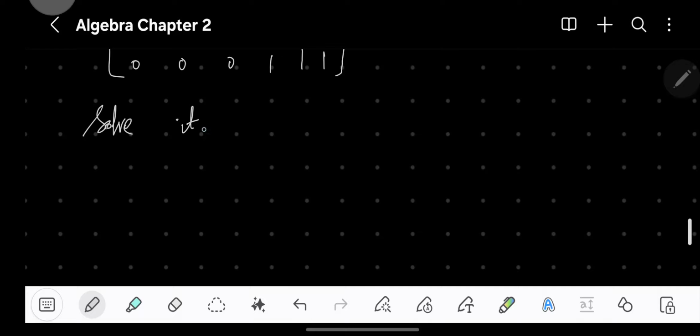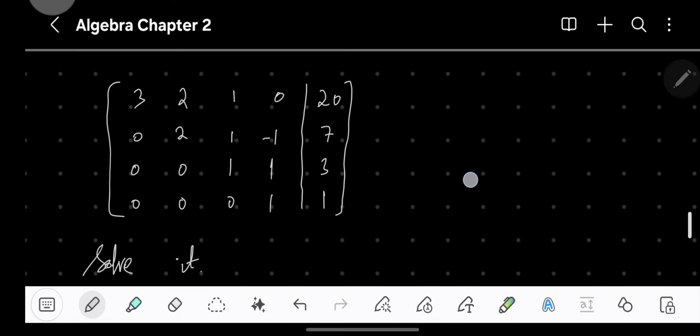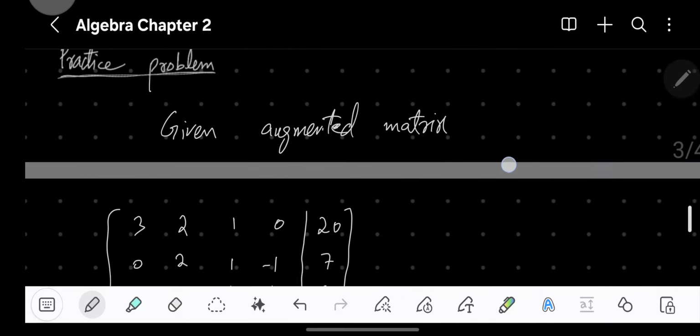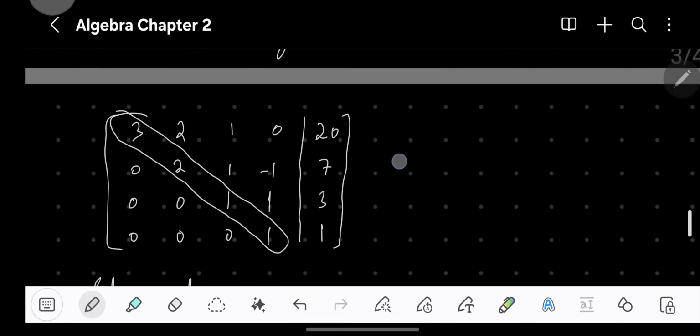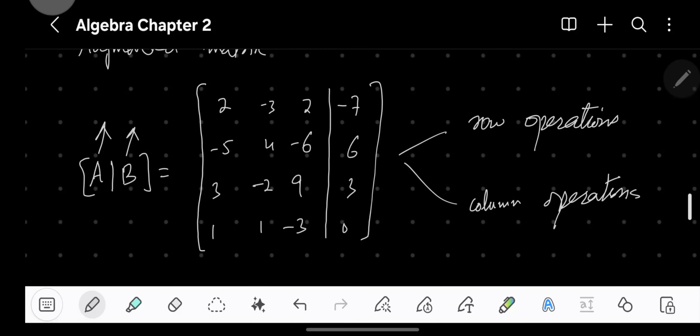Okay, so this augmented matrix is in a nice form. You can check that this is the main diagonal. In order to solve, look at the previous example. The main diagonal was this.